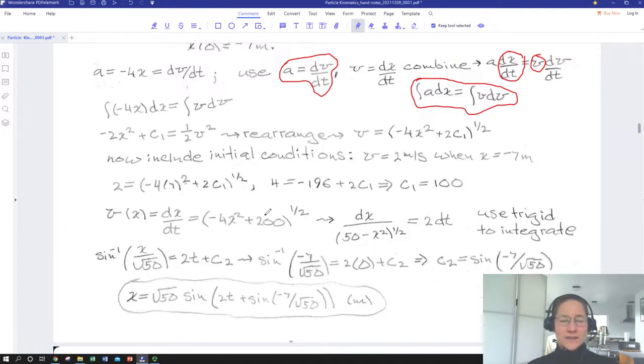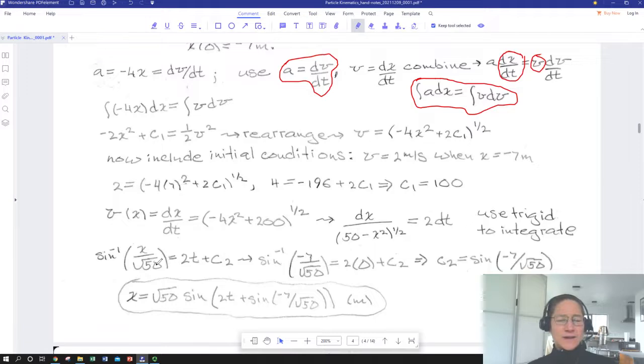Okay. We know velocity is just dx dt, and so we can again move all of the x-dependent terms over to the dx side and vice versa with time, and integrate each side with respect to its respective variable. We have to use some trigonometric identities to integrate this term, and that's something you can look up in a table of integrals.